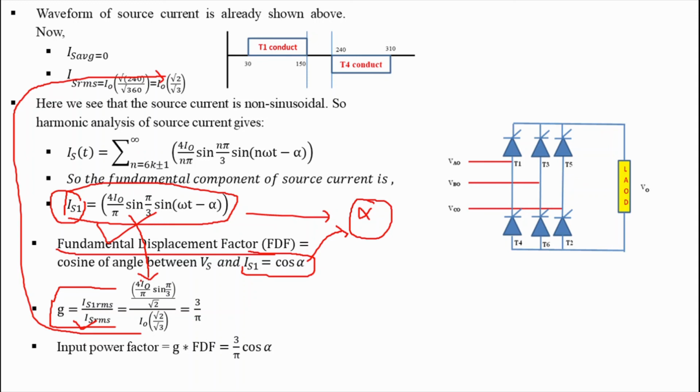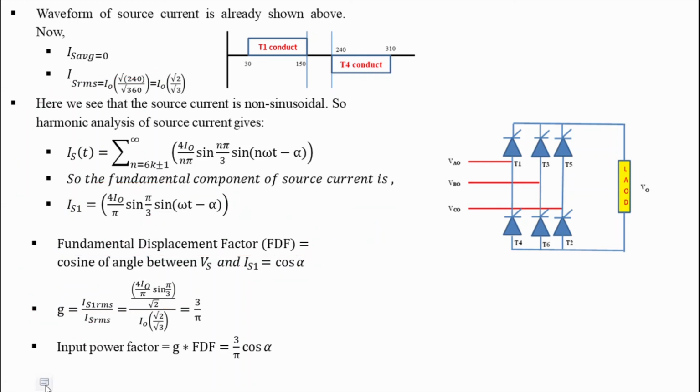If we divide it by root 2, then we will get the RMS value of fundamental component. So on solving this, we get 3 upon pi as distortion factor.